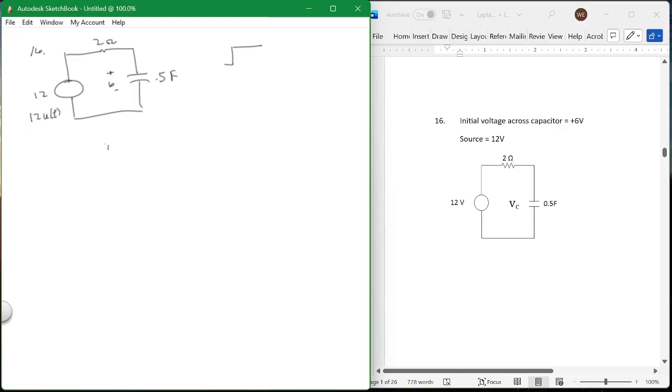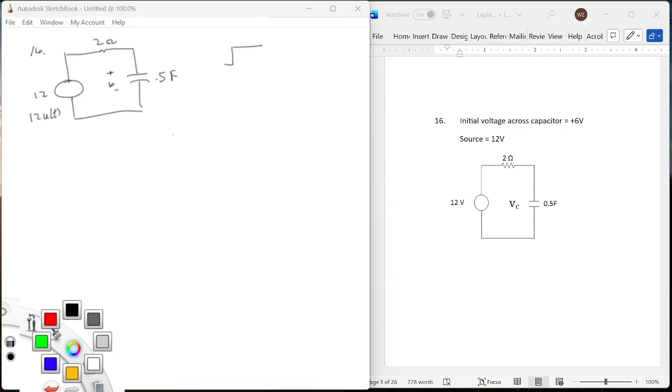I want the I of the capacitor. I guess that's what I'm looking for. I don't even say what I want, but I think it's what I want. Okay, let's go back and start this from scratch.